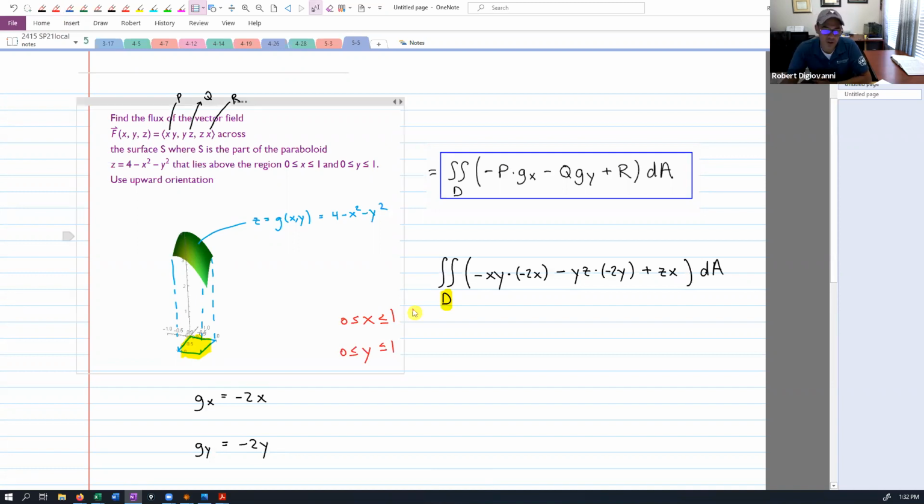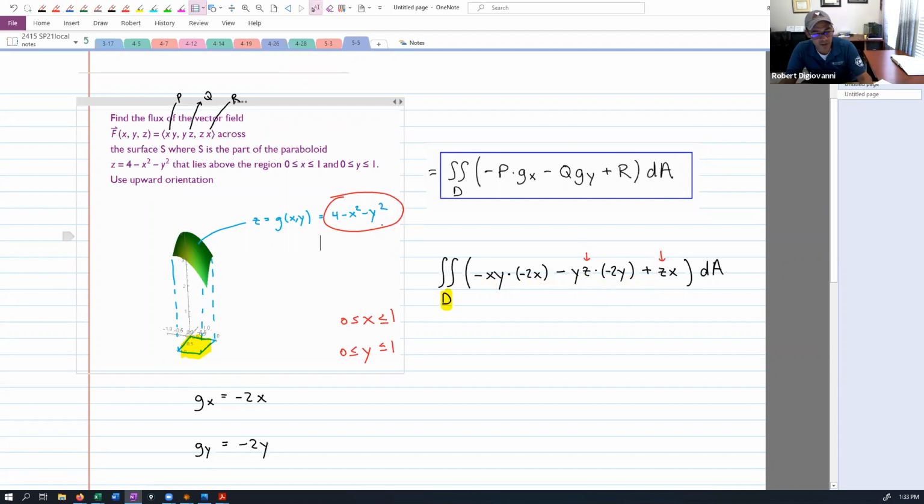But there's one little issue we have to resolve. In this expression, we have a couple of variables we need to deal with. There's a bunch of X's and Y's, which I'll be able to integrate, but we have Z's in here too. And remember, Z was a function of X and Y, wasn't it?